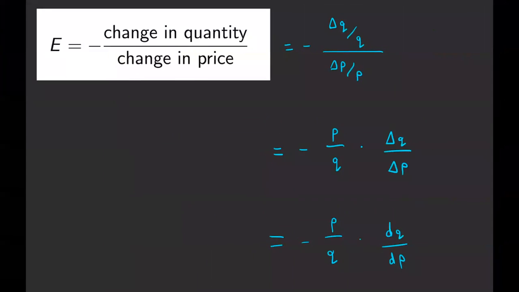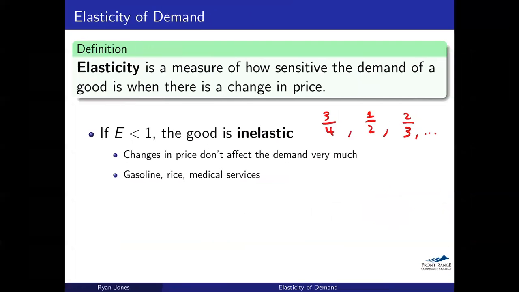A couple examples of this would be something like gasoline or rice or even medical services. Let's start off with gasoline as an example. Gasoline is a necessity in today's world. Almost everybody has a car, and in order to power that car, you need gasoline. So if gasoline prices were to skyrocket, it really wouldn't change how much gasoline is purchased, because it's just such a necessity in our daily lives.